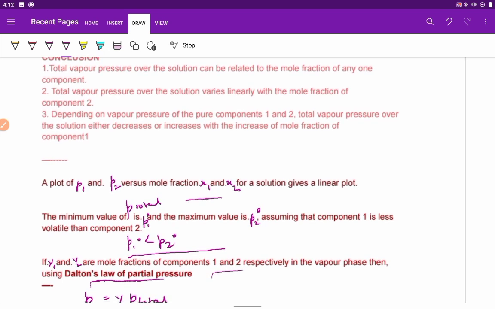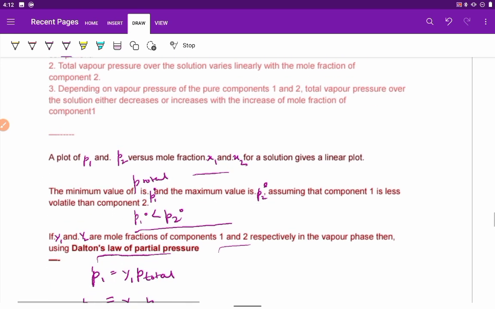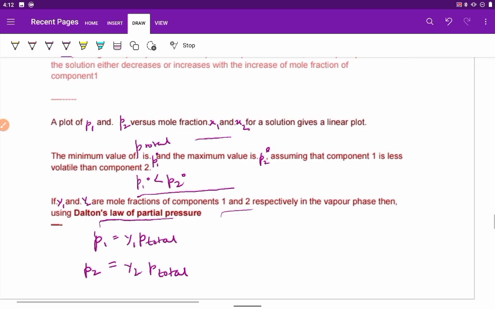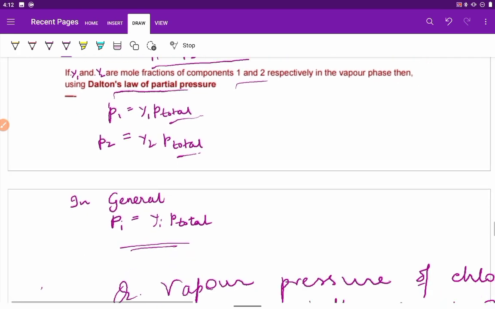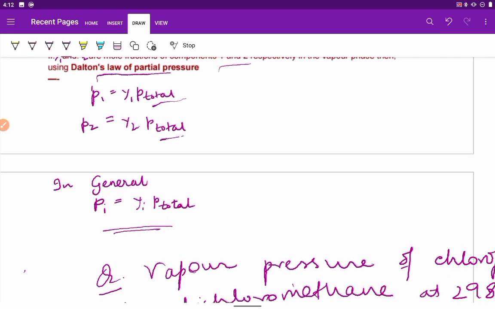Now if y1 and y2 are the mole fractions of components 1 and 2 respectively in the vapor phase, then using Dalton's law of partial pressure, we get P1 is equal to y1 into P total, P2 is equal to y2 into P total. In general, we can write Pi is equal to yi into P total.